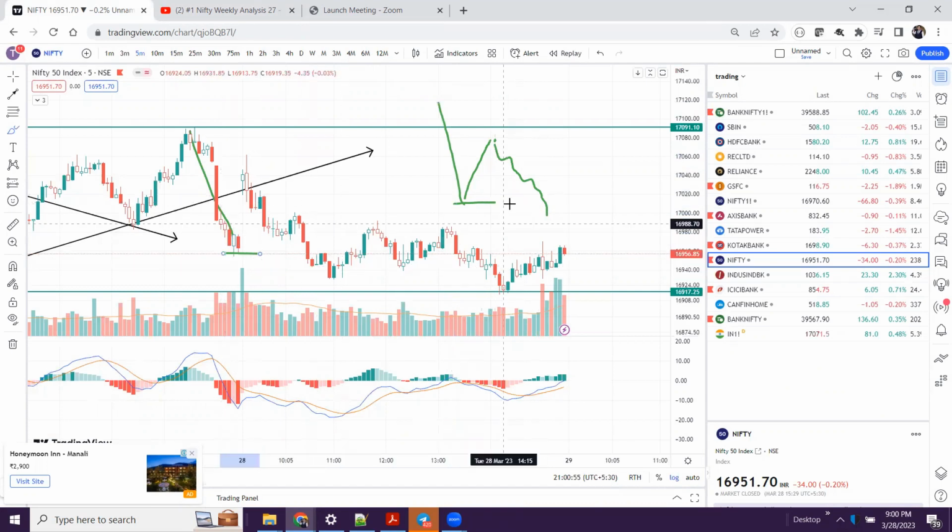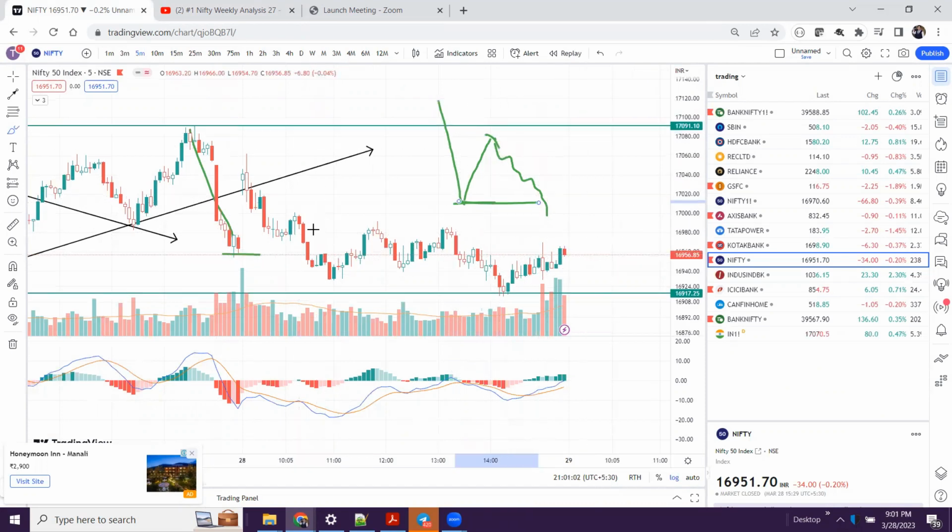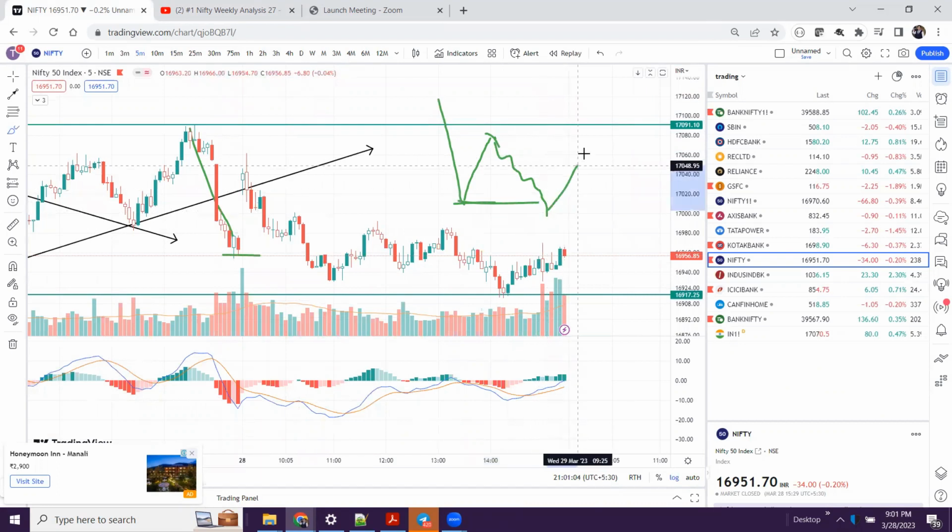Once this low was broken, it meant that this is not an impulse, because 100% retracement is done, which means this is a corrective structure that was developing for one more push that will break this low. I hope these points are clear, because for an impulse, the 100% retracement should not be done.